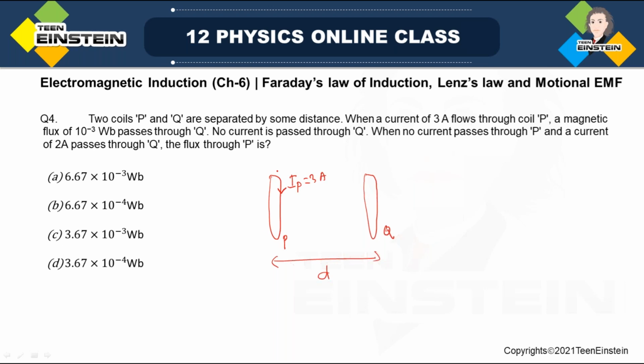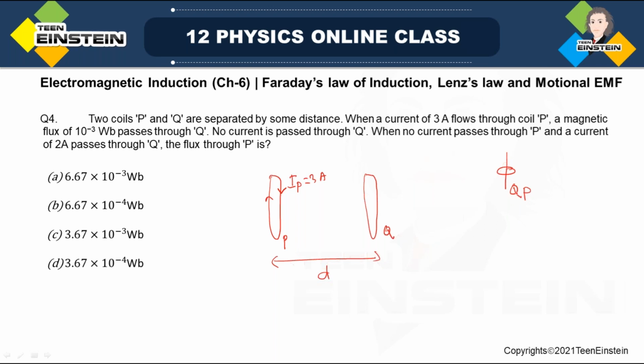3 ampere is flowing through this P, then a flux will be linked with this Q. Let us name this flux phi Q, produced because of the current in P. We name the flux linked with Q as phi QP.